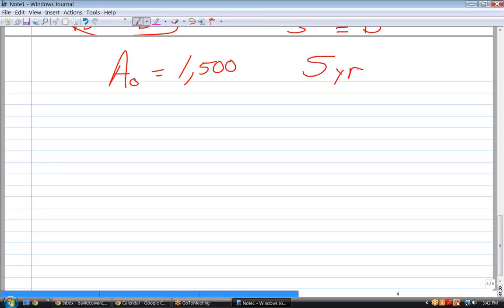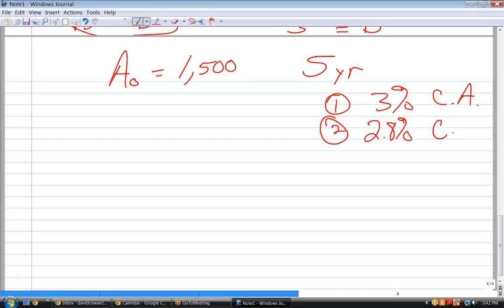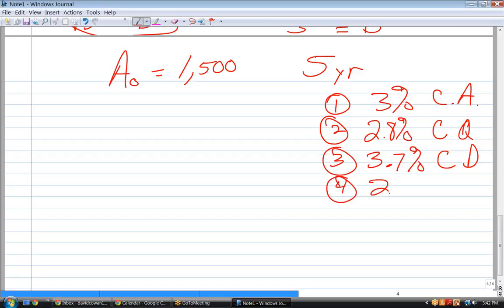The first one has 3% interest, compounded annually. The second has 2.8% interest, compounded quarterly. The third has 3.7% interest, compounded daily. And the last one gives 2.5% interest, compounded continuously.